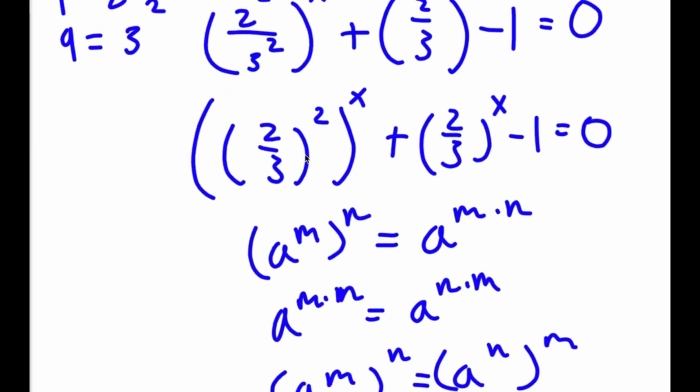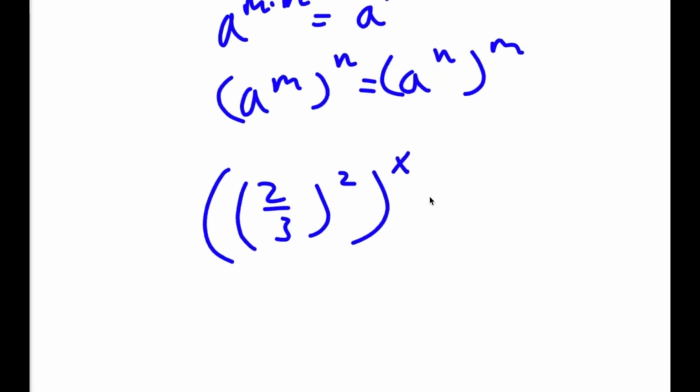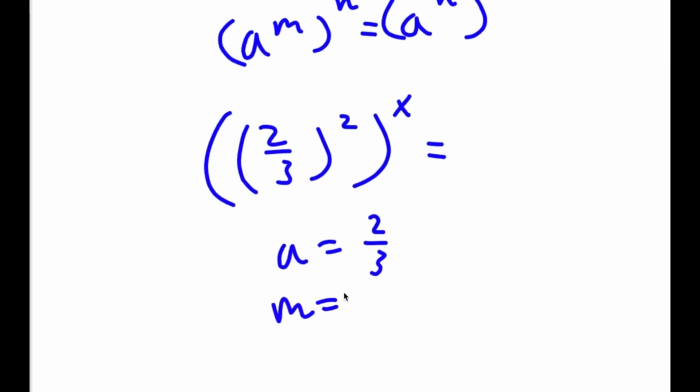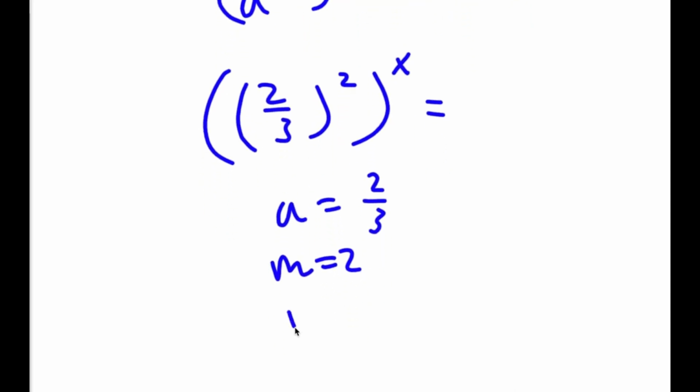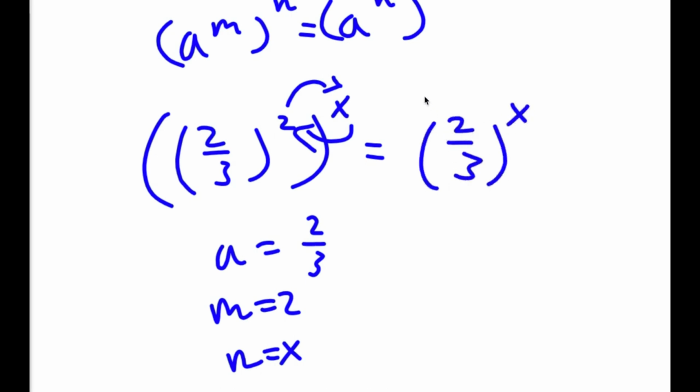So right here I have 2 over 3 to the power of 2 to the power of x, and I can think of a as 2/3, m as 2, and n as x. So now I can switch the places of these two. So this will get me to 2 over 3 to the power of x, squared.